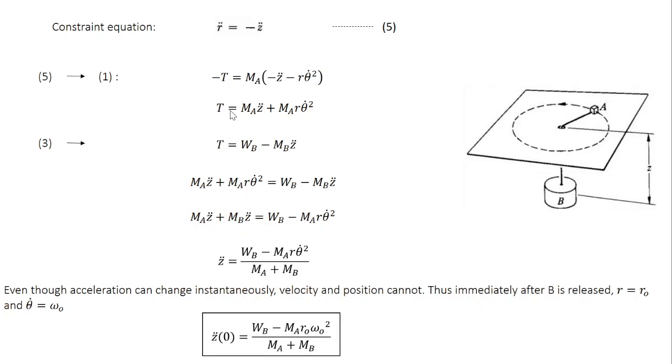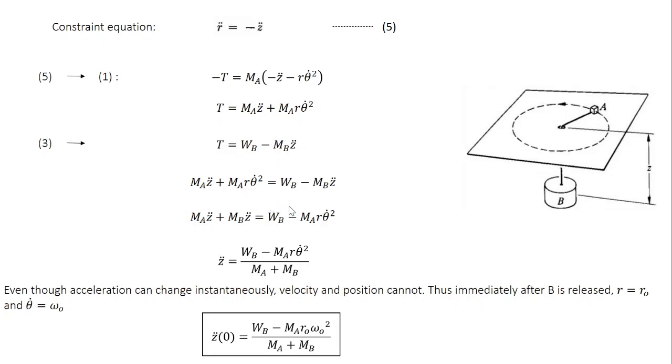So you have two equations for the tension, which means you can equate these two and write MA Z double dot plus MA R theta dot square equal to WB minus MB Z double dot. Bring this term to the left hand side and this term to the right hand side, so you have MA Z double dot plus MB Z double dot equal to WB minus MA R theta dot square.